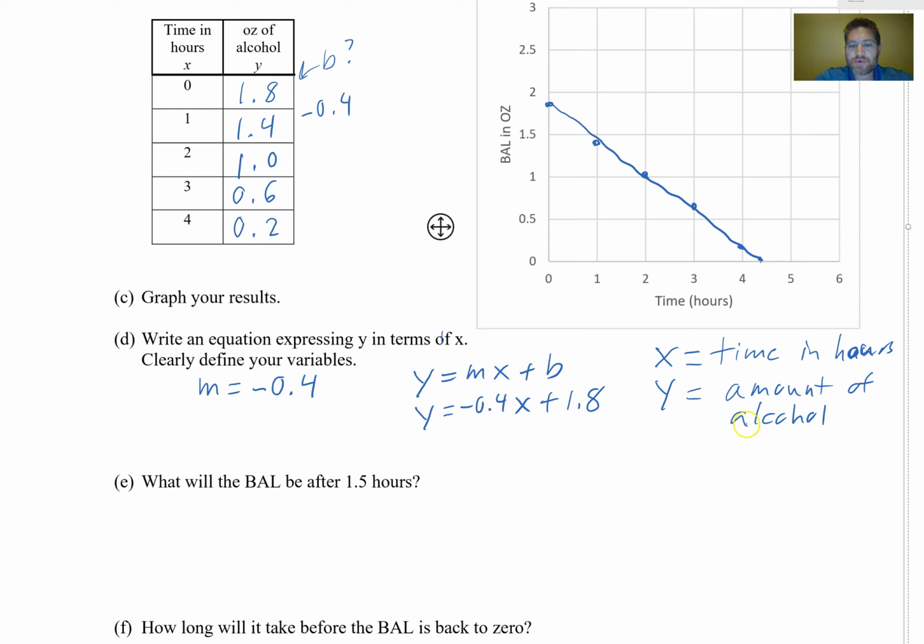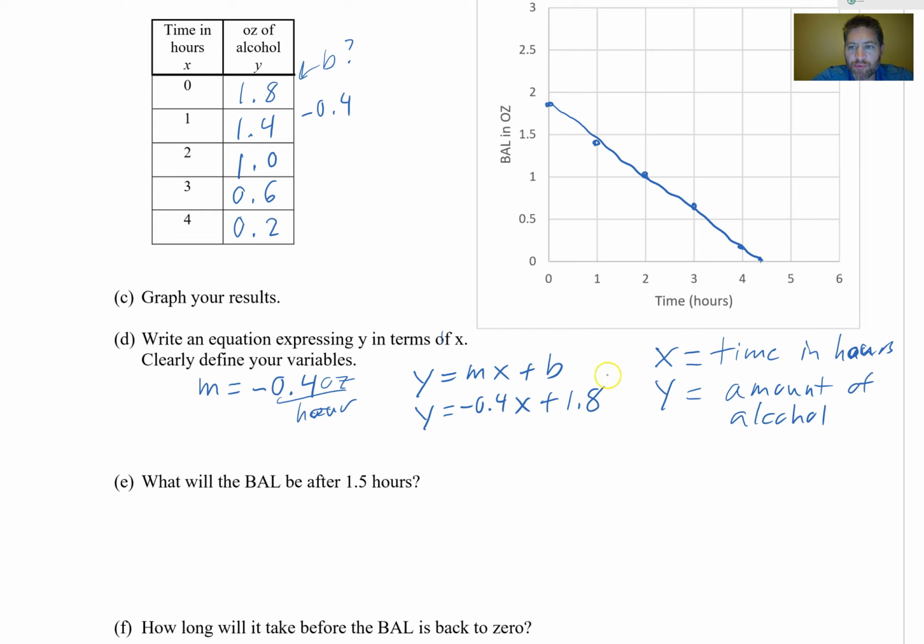If you replace these words now here, your equation should make complete sense. If it doesn't, then something's wrong. So y is the amount of alcohol. It's saying the amount of alcohol is decreasing by 0.4, and this is why we put units. The amount of alcohol is decreasing by 0.4 ounces per hour, and it's initially 1.8.